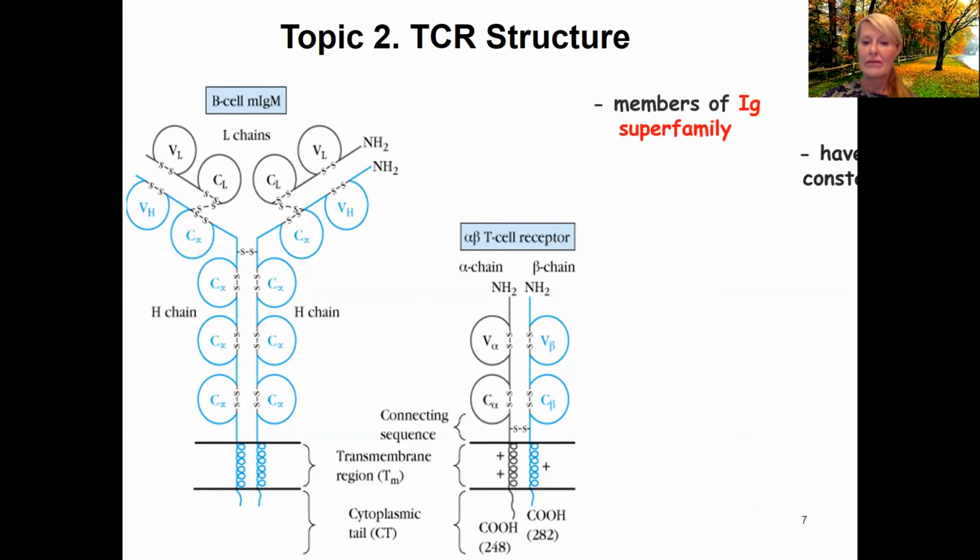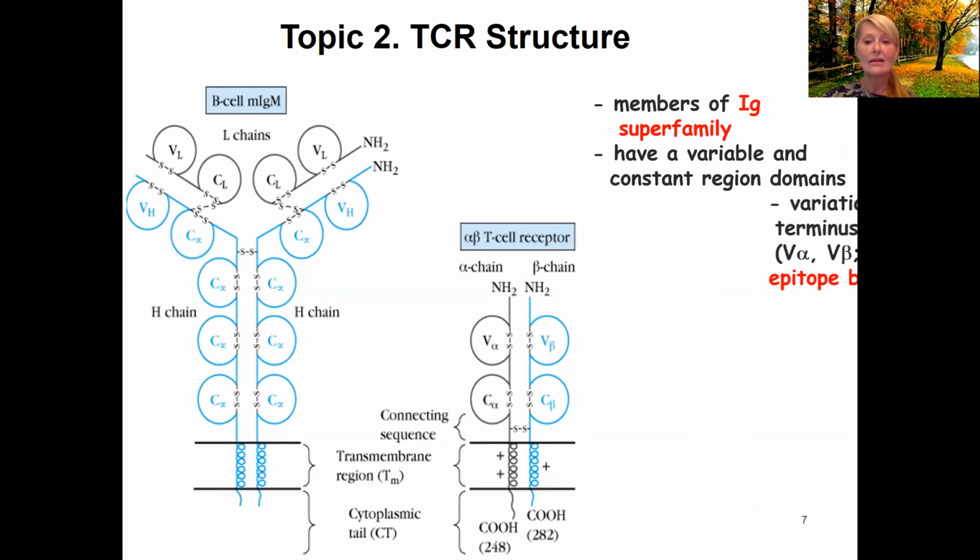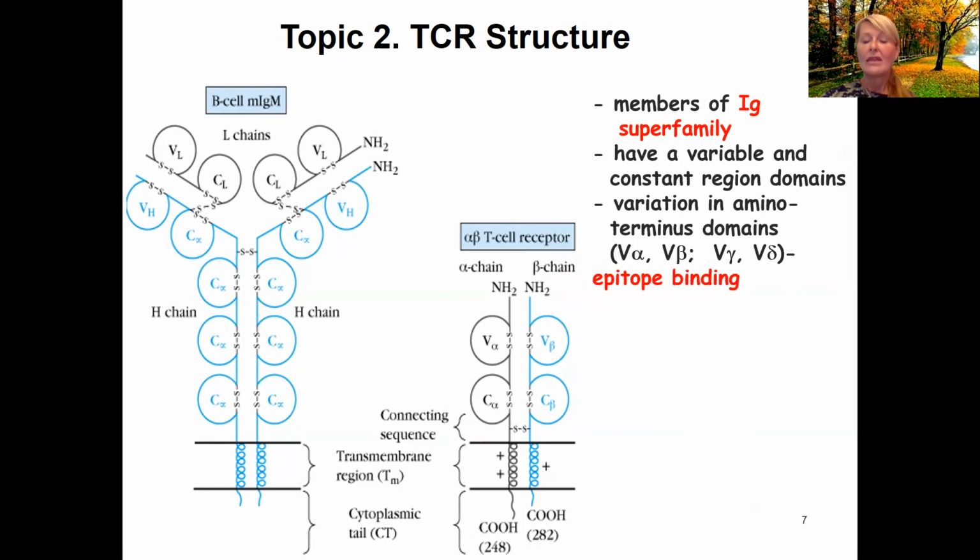So, members of the immunoglobulin supergene family have variable and constant region domains, but not heavy and light chain domains. The variation in the amino acid sequence really occurs here in this upper area, because this is where you're going to bind the antigenic epitopes and MHC right there.